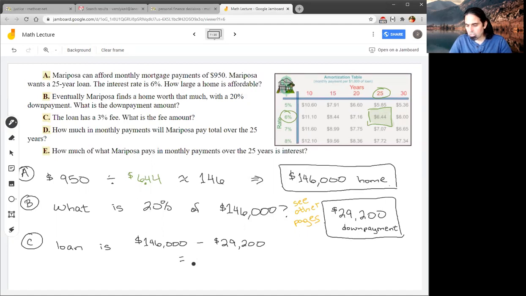So I'm getting 116,800. I did my typing on the calculator right. So now we're asked, what is 3% of that loan?